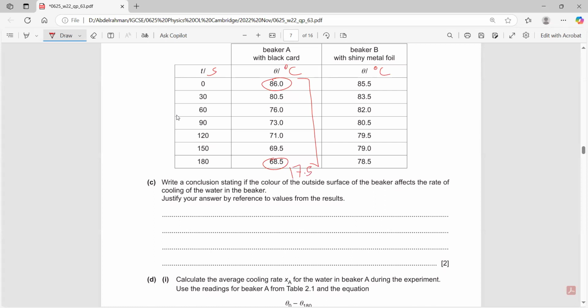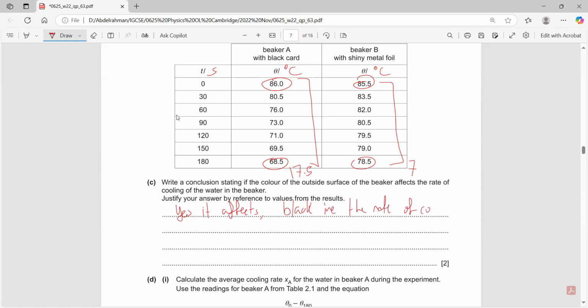17.5. When you had the shiny metal, it was 85.5 and 78.5, right? What's 85.5 minus 78.5? A much smaller difference of 7 degrees. So yes, it does affect it. Okay. We can say that the black surface increases the rate of cooling, right?